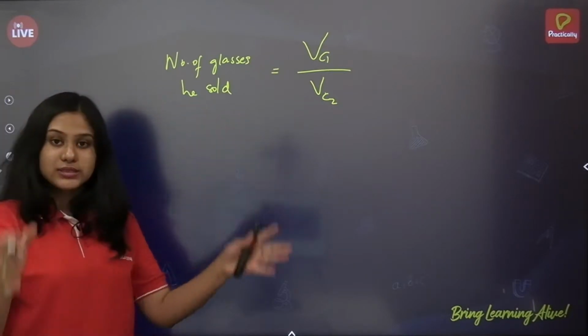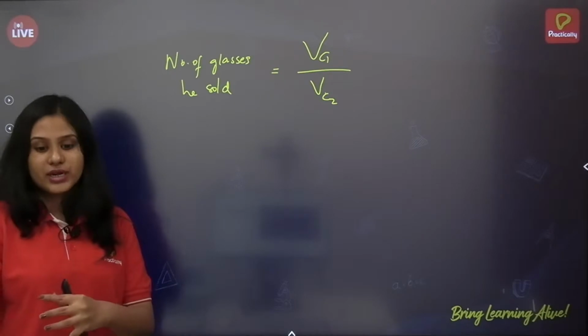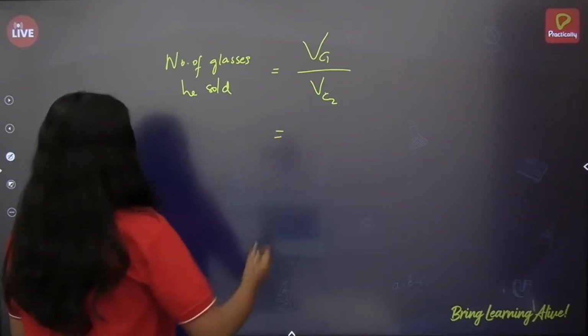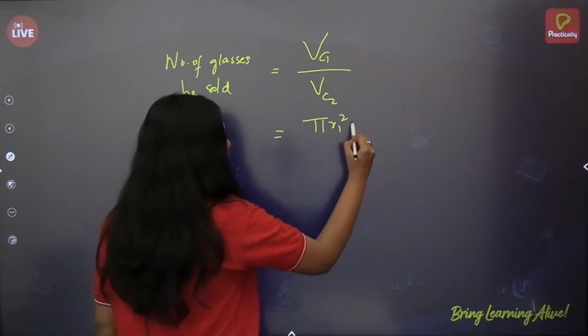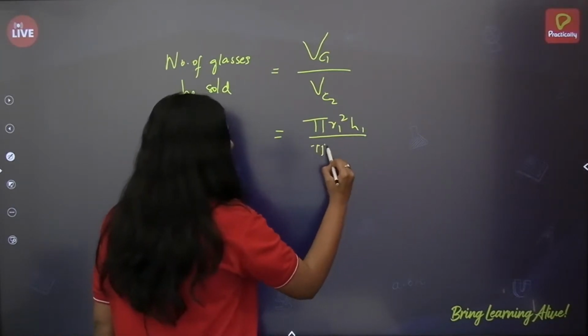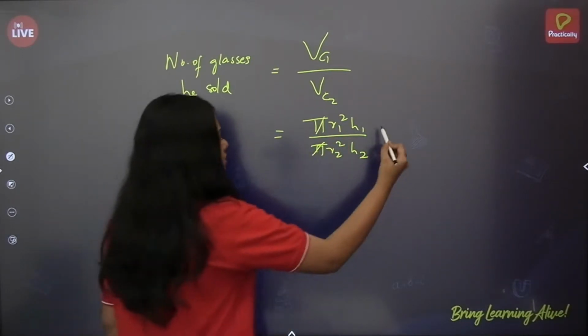Volume of the big cylinder by volume of each glass. So, you will be getting the number of glasses it got filled, correct? So, now let us write. What is the volume of cylinder? We know that pi r square h. So, pi r1 square h1 by pi r2 square h2. Pi cancels.